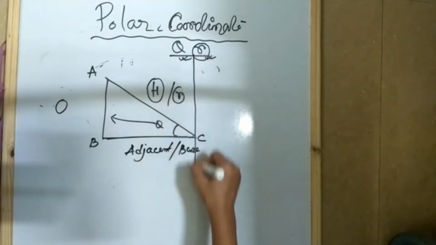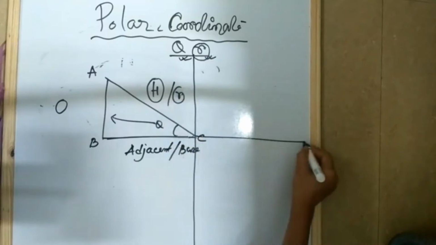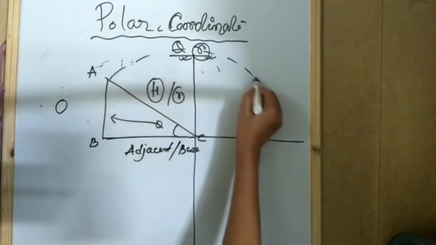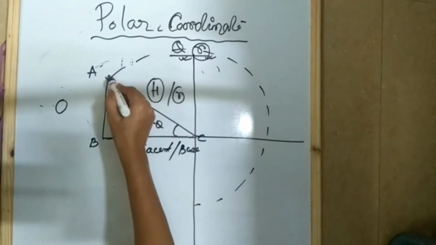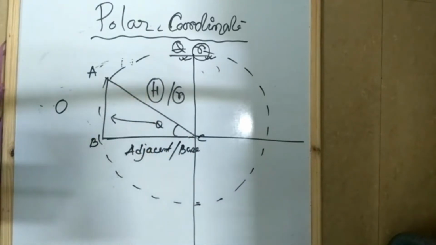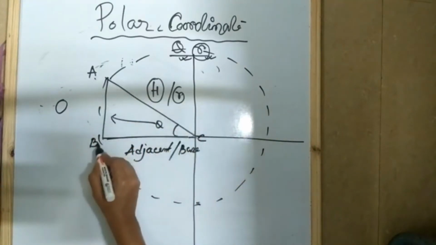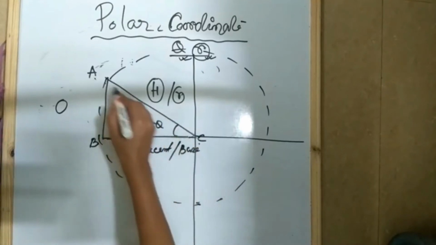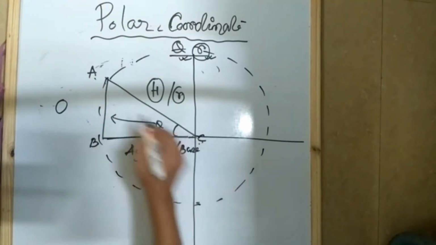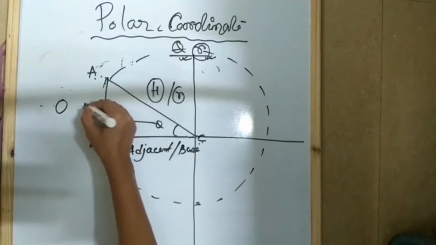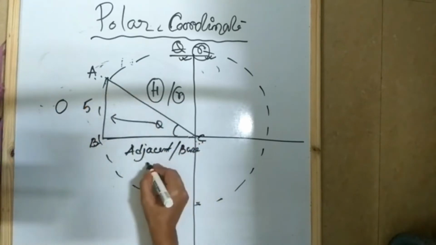Suppose this is part of the rectangular system, the Cartesian or rectangular coordinate system. Suppose you put the compass and draw this circle; for that purpose you use the formula AB square plus BC square is equal to AC square. Suppose AB value is 5 and BC value is 6.